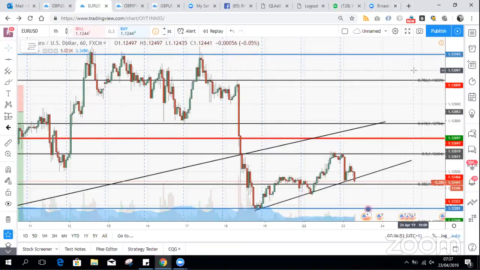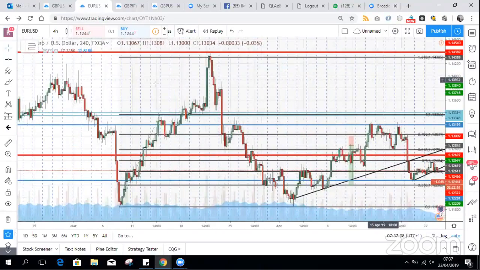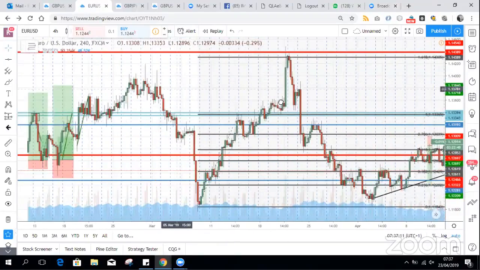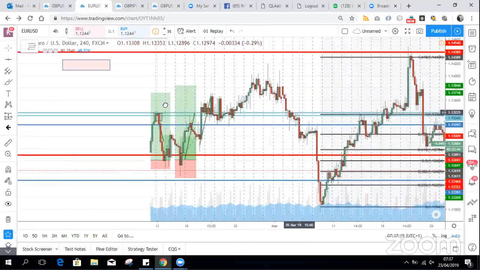Black lines, Fibonacci resistance of major. Red line, major channel from the past.